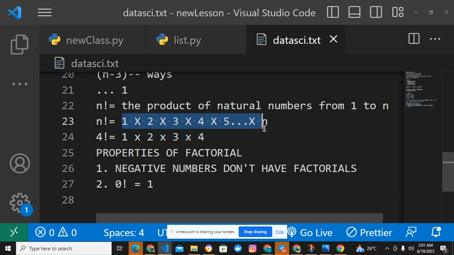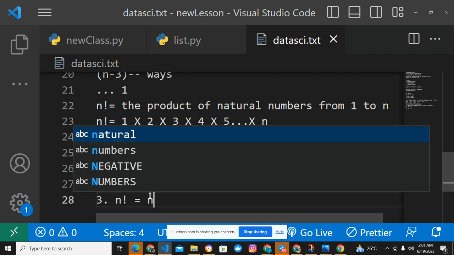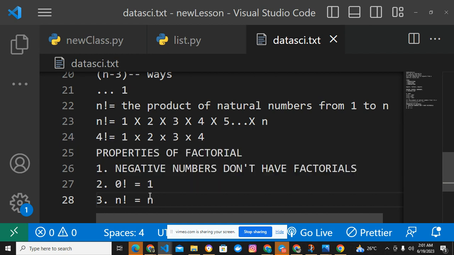Here, we can collapse this to a third property: n factorial equals n times (n minus 1) factorial.